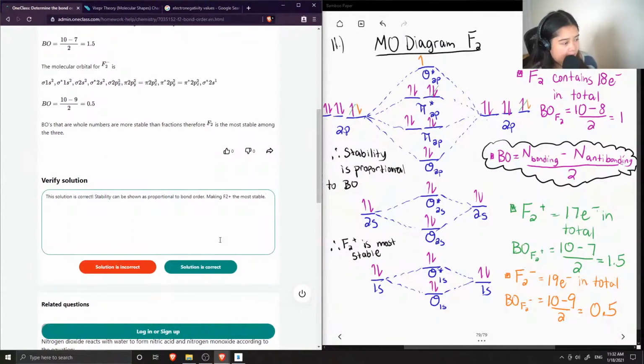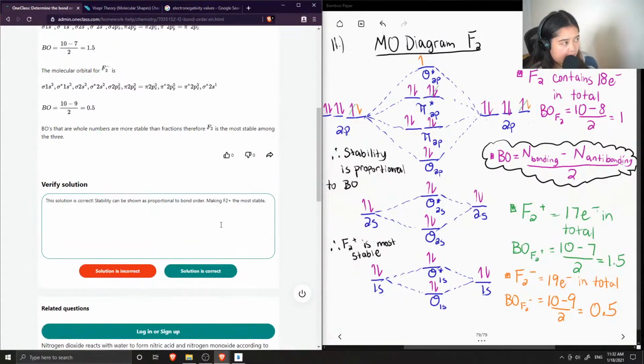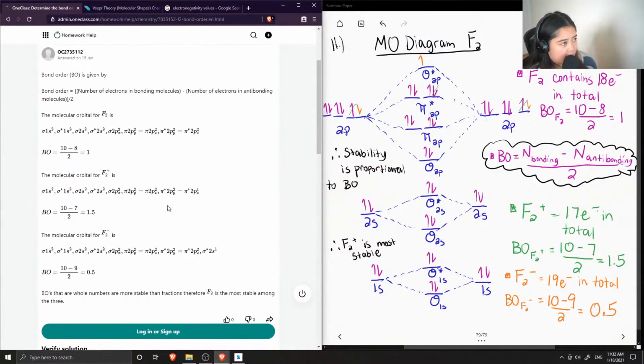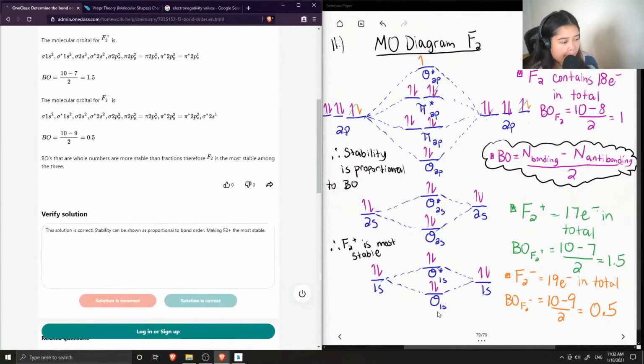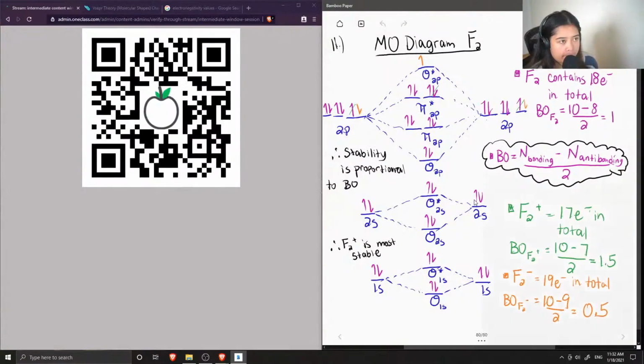But I'll still mention that this solution is correct since they did give all of the different bond orders.